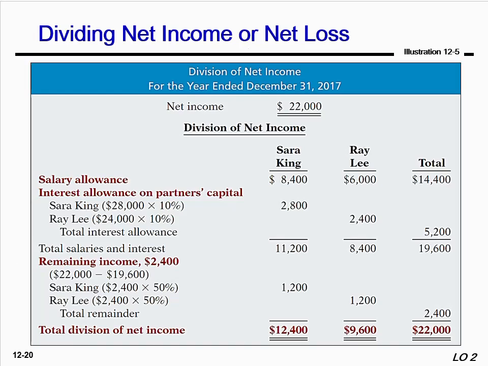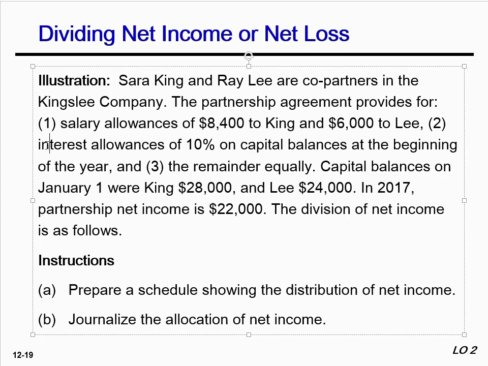Then the second thing is we have to pay them interest on their opening capital balances at 10%. Opening capital balance for King is 28,000. 10% of 28,000 is 2,800. Opening capital balance for Lee is 24,000. 10% of 24,000 is 2,400.